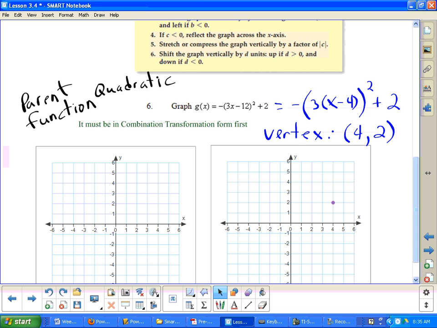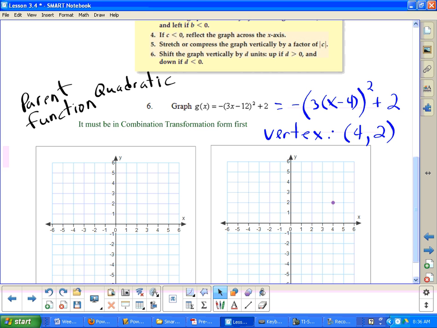Now, what does the 3 tell us is going to happen? Is that 3 horizontal or vertical? In other words, is it A or C? It's A because it's inside the square. So that means it's going to be a horizontal compression by 1/3.